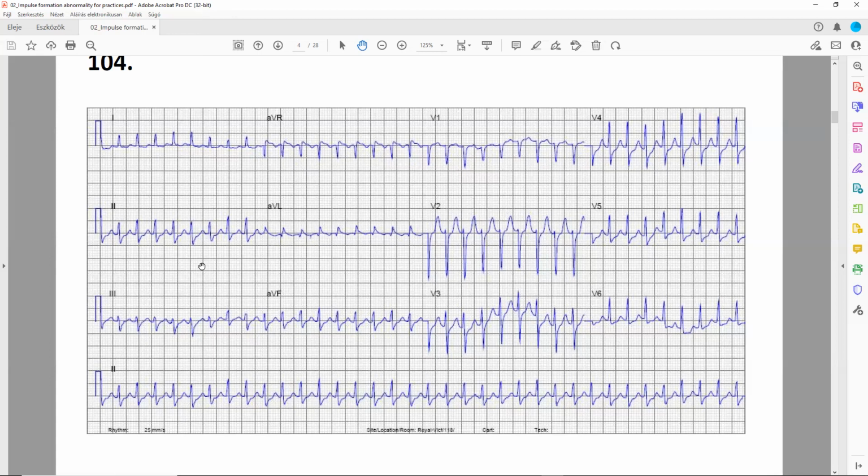So junctional tachycardia is a specific type of supraventricular tachycardia. Correct. Atrial tachycardia is a type of supraventricular tachycardia, and the junctional one is too. So if I want to be on the safe side, I can just say supraventricular. Exactly. You are not making a big mistake if you say supraventricular.